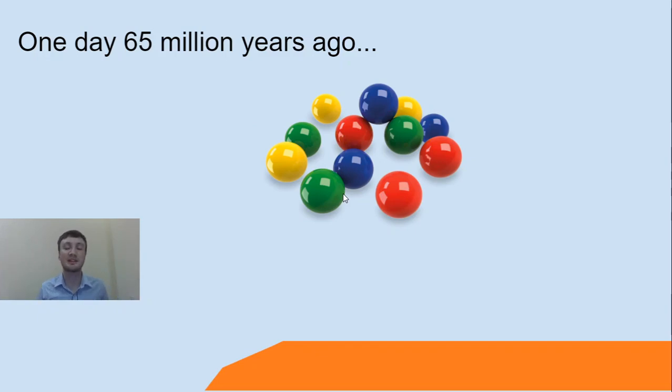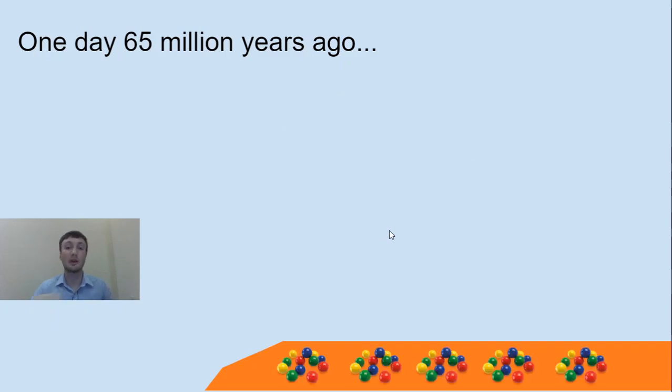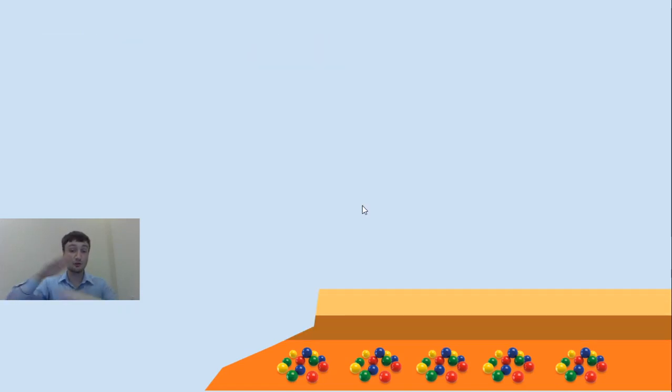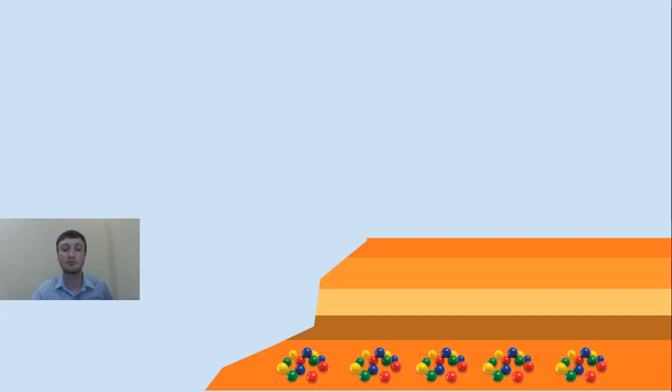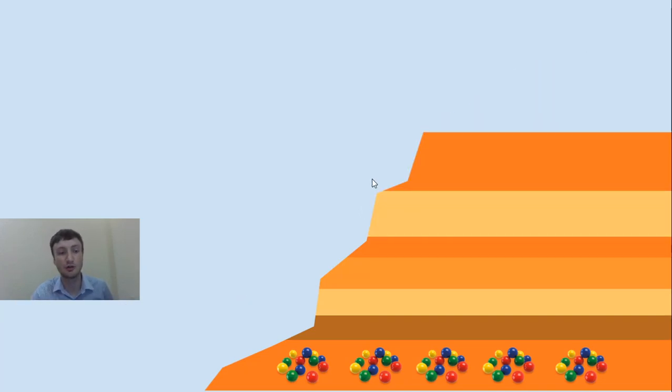The whole of the planet, for one day, started raining marbles. Just imagine that happened. So all these marbles went onto the rock, and over millions of years, new rock gets put on top. More new rock, more new rock, more new rock.